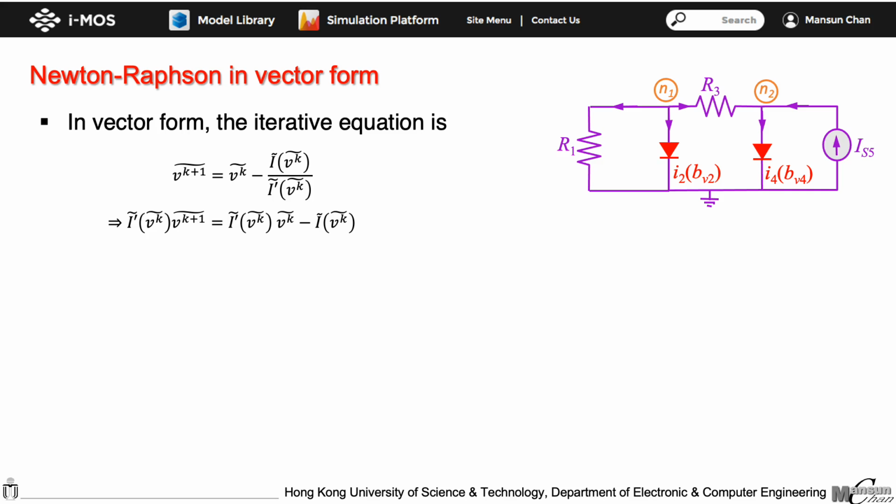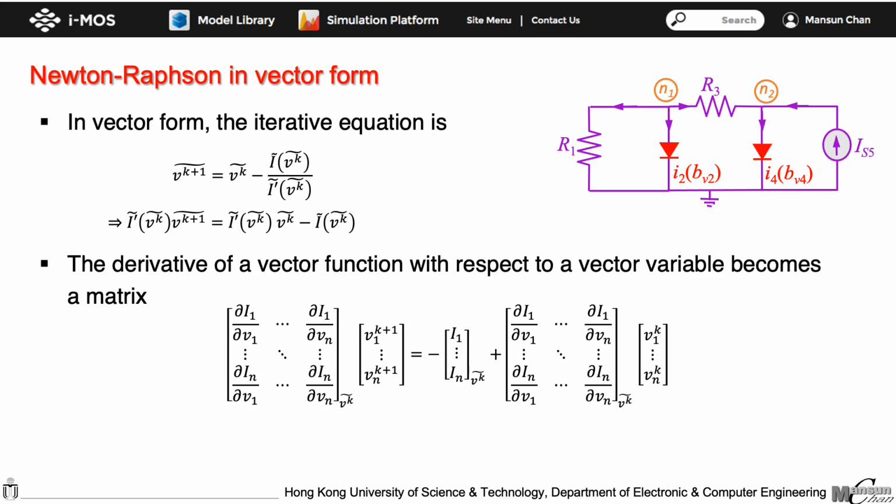The derivative of a vector function with respect to a vector variable gives a matrix. When the equation here is expanded out to show the individual elements, it looks like the following. The matrix that represents the derivatives of the current with respect to voltage has a unit of conductance. It is actually the same Jacobian matrix that we learned before in the first presentation.